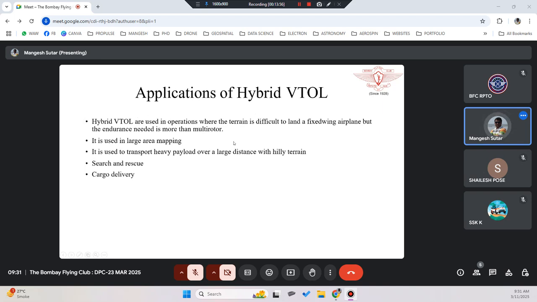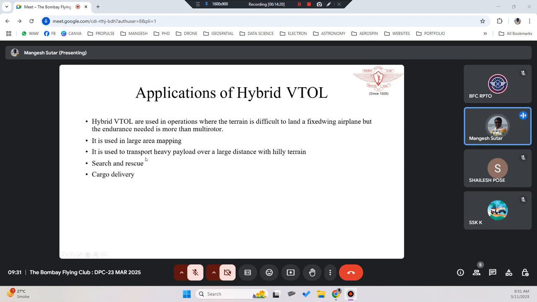So it can vertically take off, perform its functions, and then land again vertically as a drone. Primarily, these hybrid VTOLs are used for large area mapping. Most of the time, we have seen hybrid VTOLs used for activity where surveillance or mapping is required.